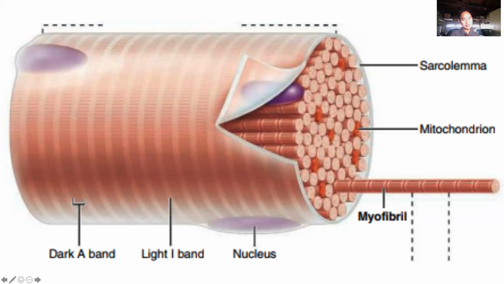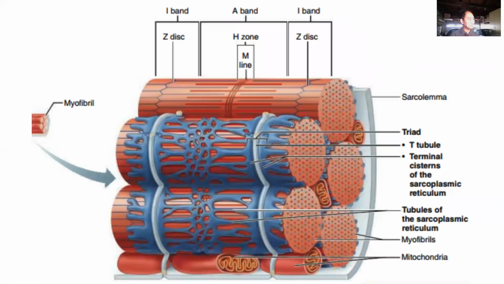Let's look at the next slide. So inside the sarcolemma, we saw the nucleus, we are going to see mitochondria, endoplasmic reticulum, and these T-tubules, which are the invagination of the sarcolemma in between the myofibrils.